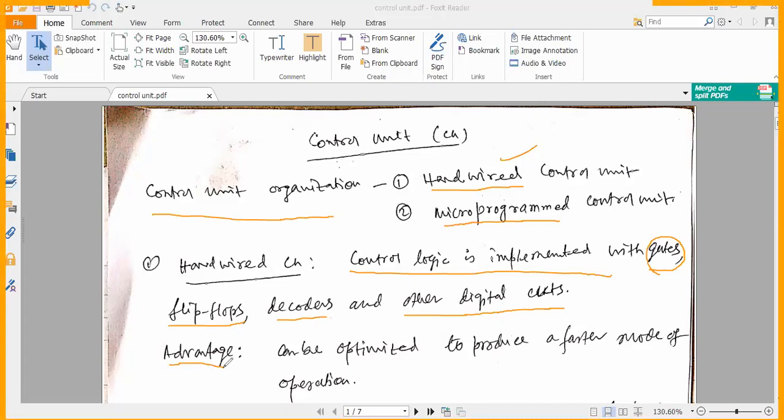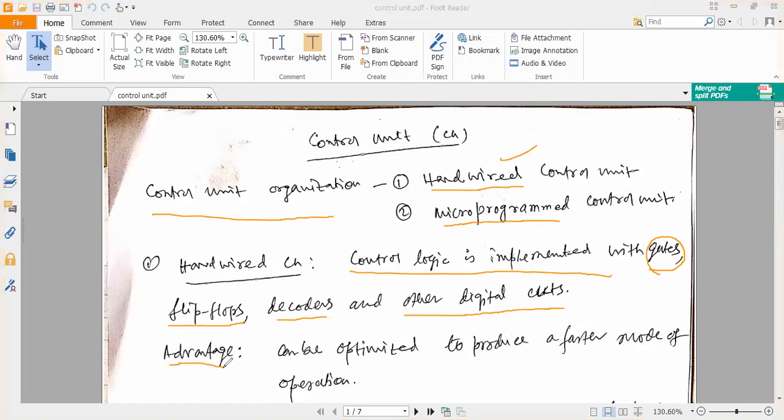But it has some disadvantage. Why? Suppose you make a circuit for a particular type of operation. Now if you want to add something or update the circuit, it is quite difficult because you made it permanently. It is fixed.